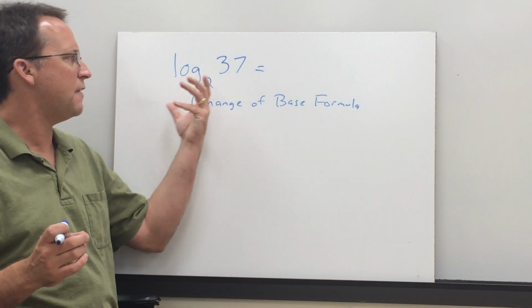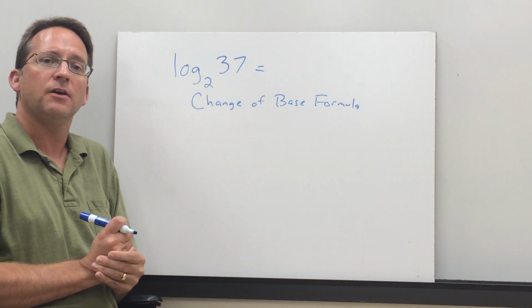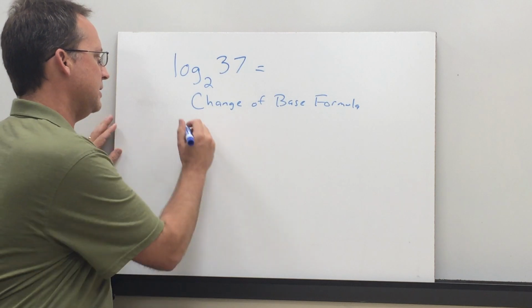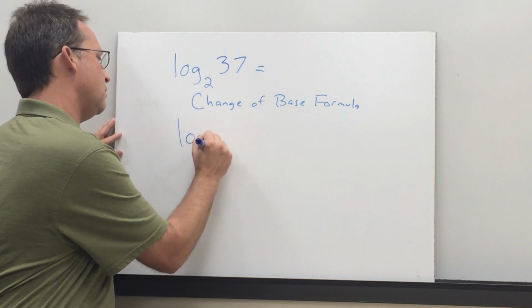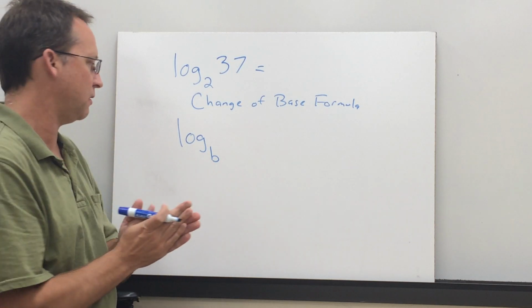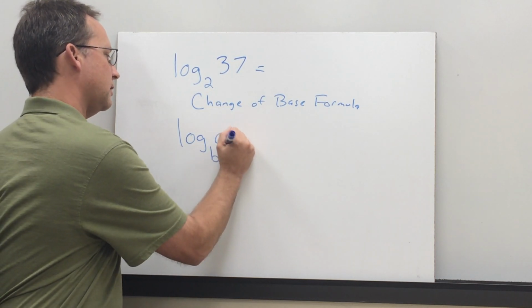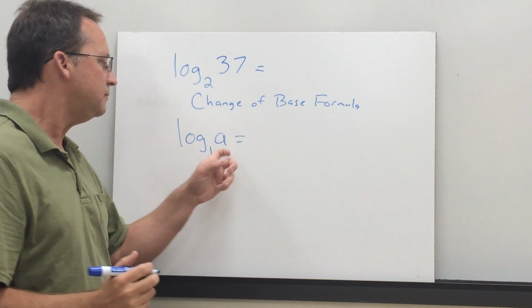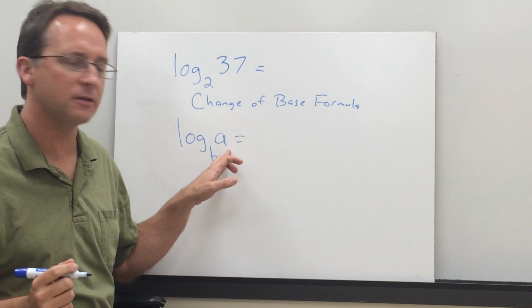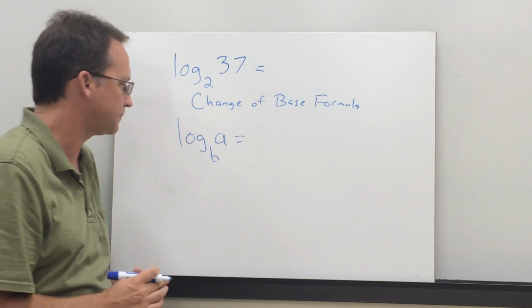So in order to evaluate this with the calculator, we need the change of base formula. The change of base formula says this. If you're trying to evaluate a logarithm, I'll say base b down here, and I'll call the argument a, because we call the number in the log an argument.